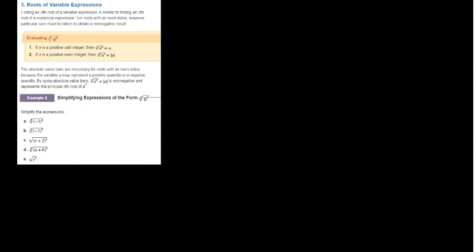All right, so roots of variable expressions. Finding an nth root of a variable expression is similar to finding an nth root of a numerical expression. For roots with an even index, however, particular care must be taken to obtain a non-negative result.